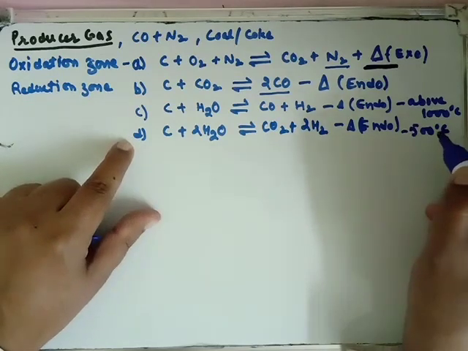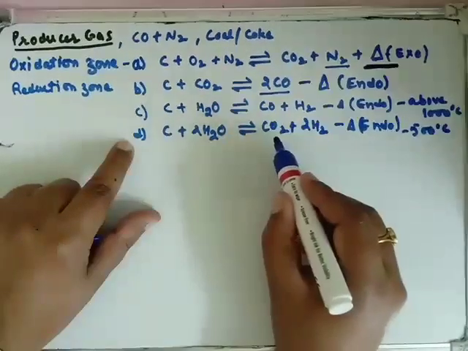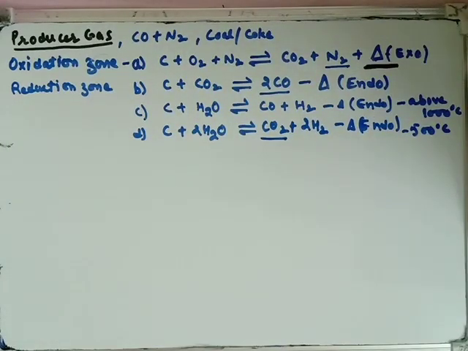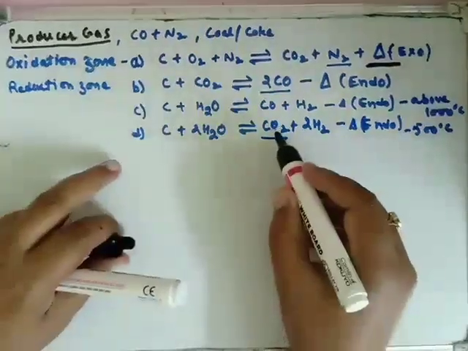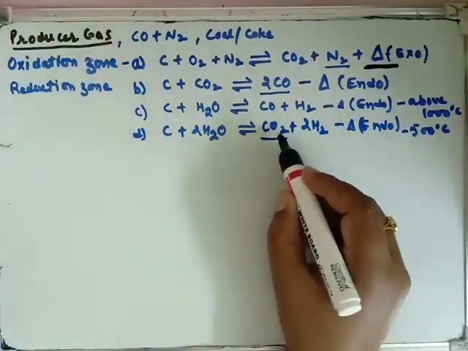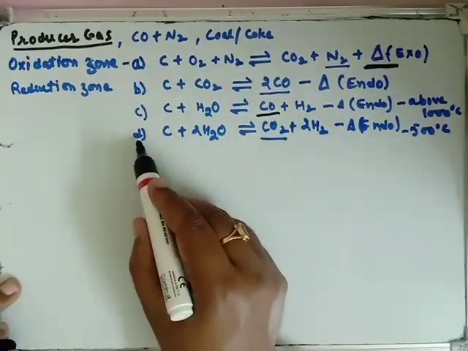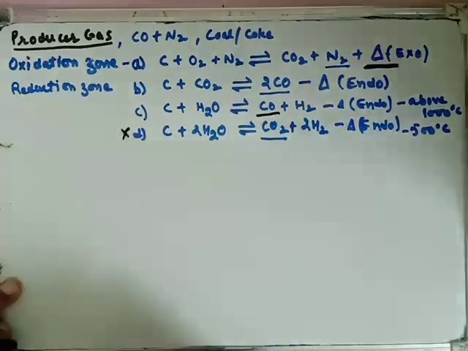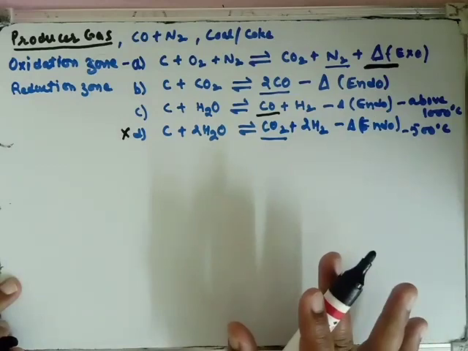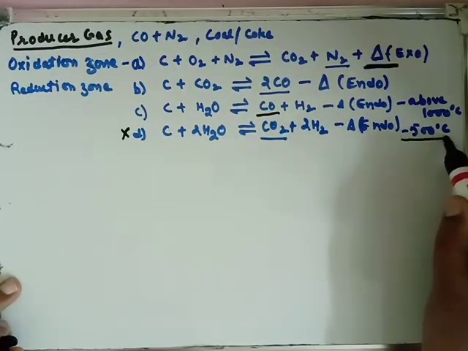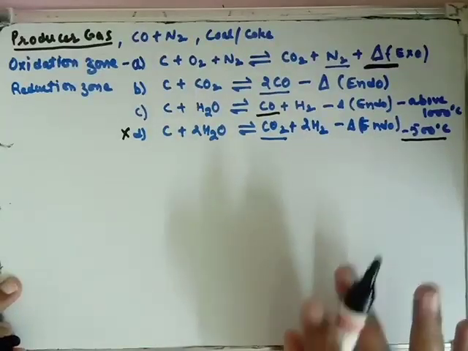Now note one point: reaction D is producing carbon dioxide, but we do not need carbon dioxide in the producer gas. The thing we need is carbon monoxide. So reaction D is undesirable, and this undesirable reaction takes place around 500 to 600 degrees Celsius.